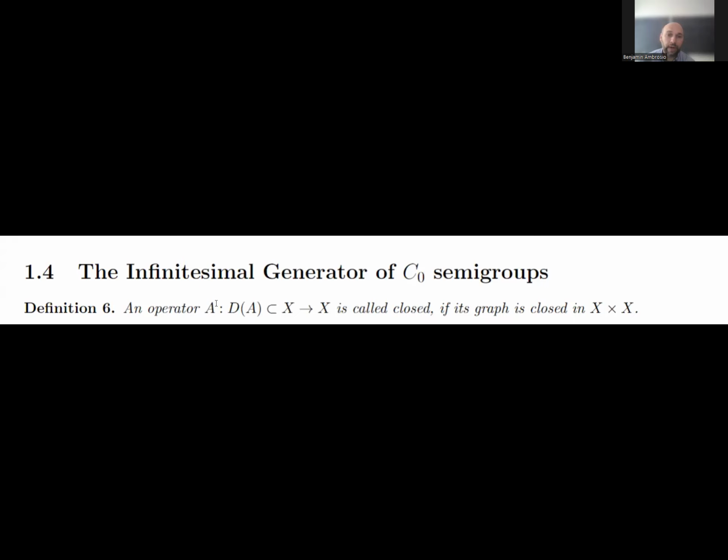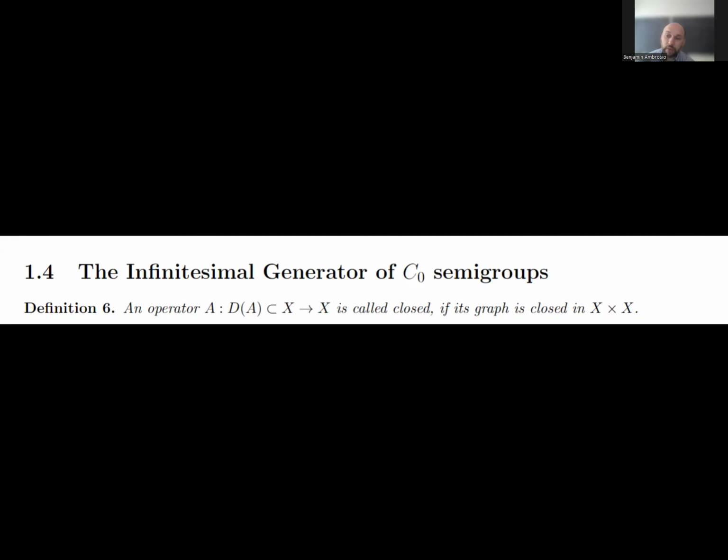An operator A is closed if its graph is closed in X times X. So the graph is like a function from R to R. You look at D(A) and the image of these elements, and you look at this set in the product X times X. All right.